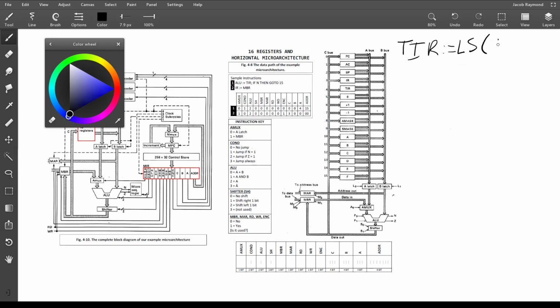I'll just do ls for this, for left shift. Save some space. And then if n go to 0. So first of all, can anybody describe what this operation is doing? It's doing IR plus IR, and then it's doing a left shift, which will result in what?